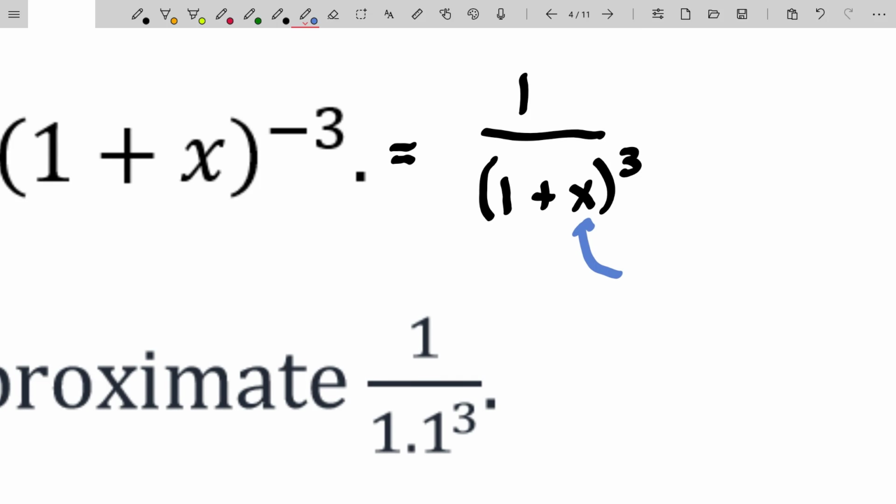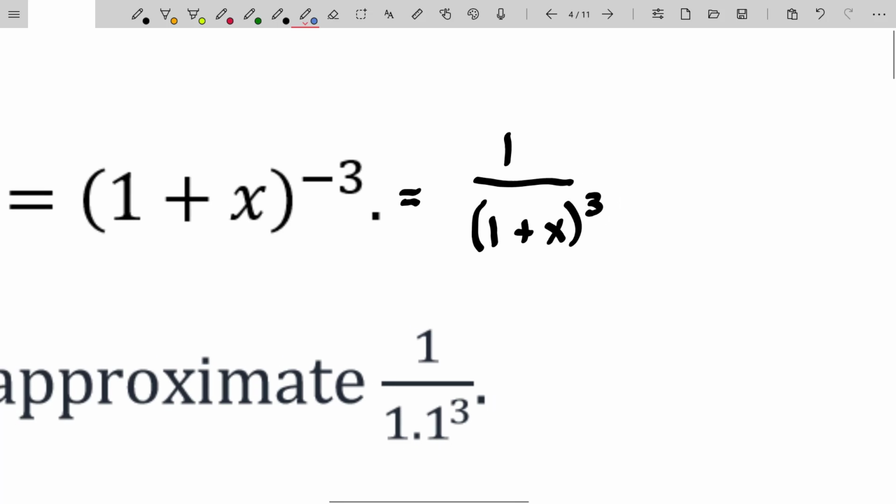Now, if you say 0.1, you would get exactly to 1.1. And I don't want exactly 1.1 because that is not a nice number to evaluate at. What a nice number to evaluate at is an integer. And so I would like to use x equals 0. So I'm looking at 1 over 1 cubed and use that to approximate something like 1 over 1.1 being cubed.